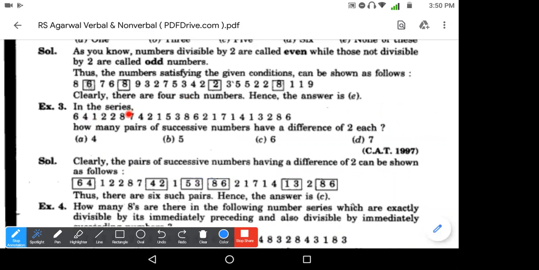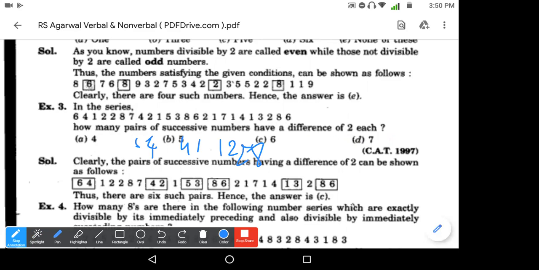In the series, they have given you all the numbers: how many pairs of successive numbers have a difference of 2 each? How many pairs of successive numbers? Successive numbers means next to next. Now 6 and 4, okay, 4 and 1, 1 and 2, 2 and 8, like this.